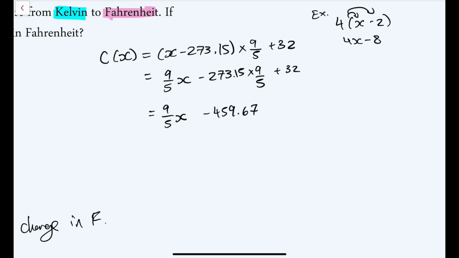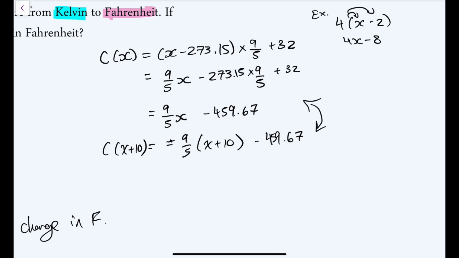Now they're saying if Kelvin increased by 10, so our x value increased by 10, that just looks like F at x plus 10 is equal to 9/5 times x plus 10 minus 459.67. The reason we do this is to see the difference between the two equations. What changes, right?